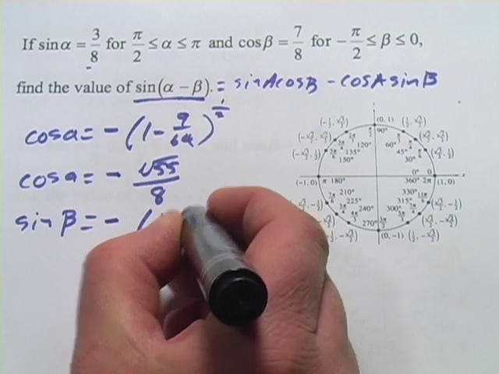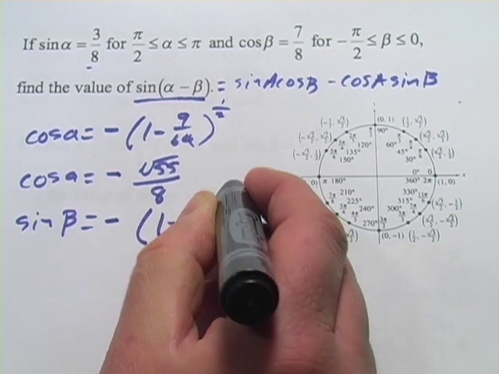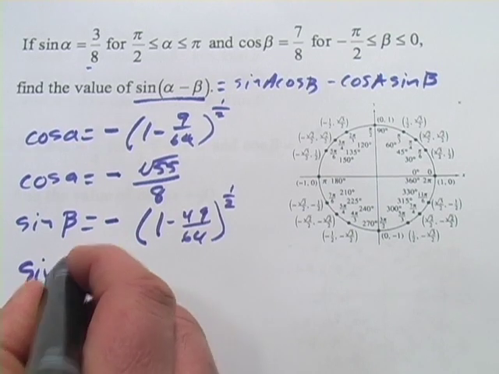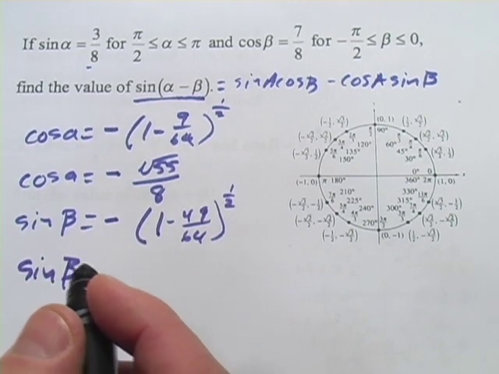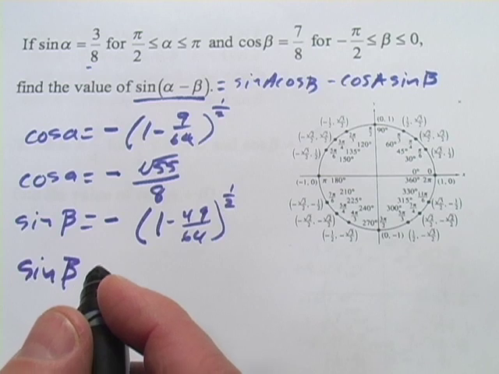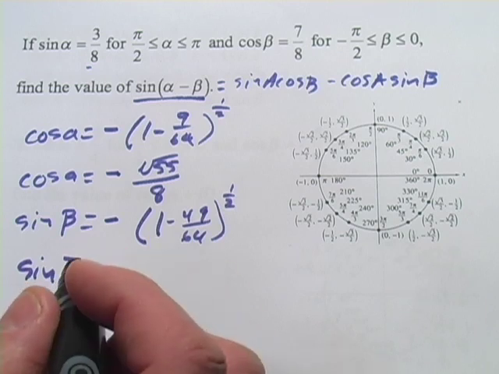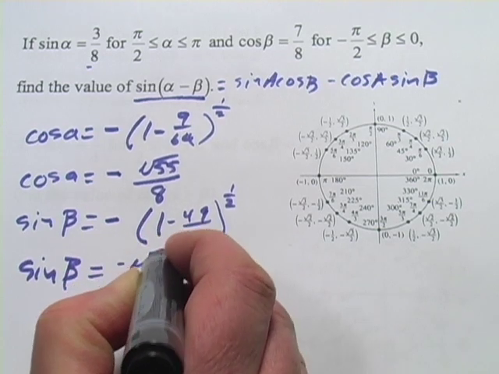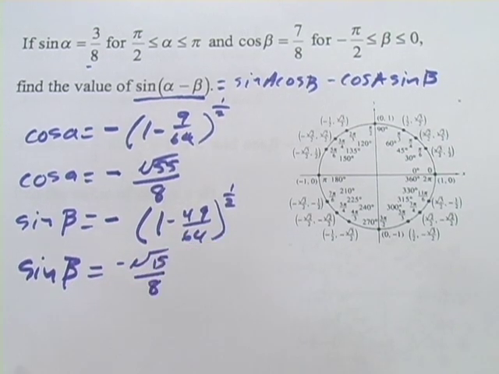So 1 minus 49/64, but take the square root of it. And let's see what that is. So I think we come up with negative square root of 15 over 8 for the sine of beta. All right, we've got all our pieces now.